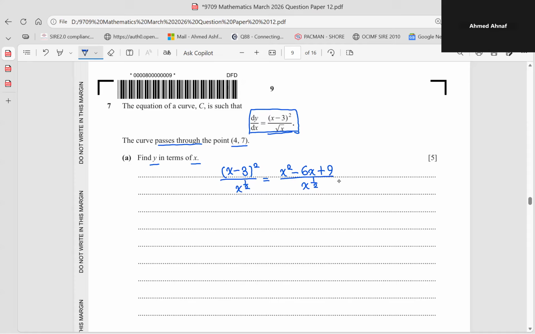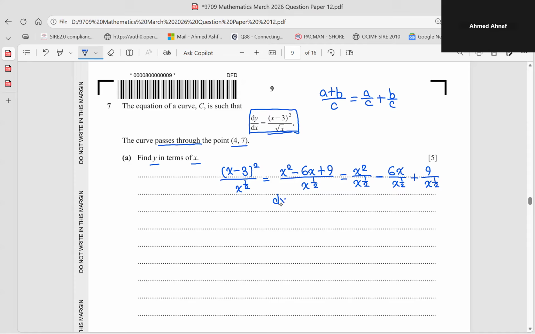So now to simplify it into a single polynomial, we're going to split it up into different fractions. We're going to use this property: a plus b over c is just a over c plus b over c. So this is just going to be x squared over x to the power of half minus 6x over x to the power of half plus 9 over x to the power of half.